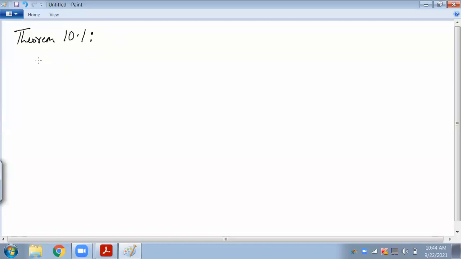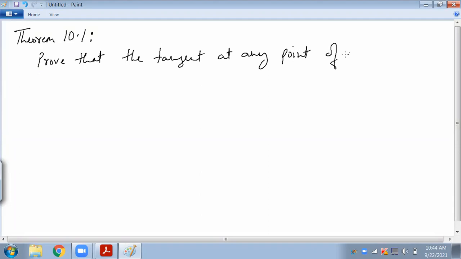So instead of writing theorem, we can write: prove that the tangent at any point of a circle is perpendicular to the radius through the point of contact.